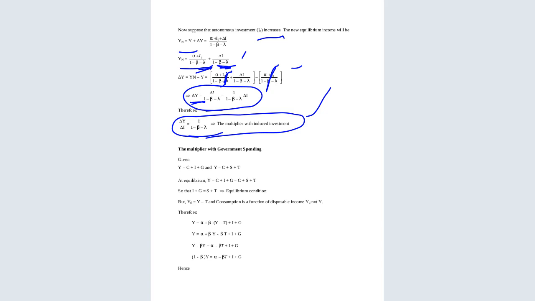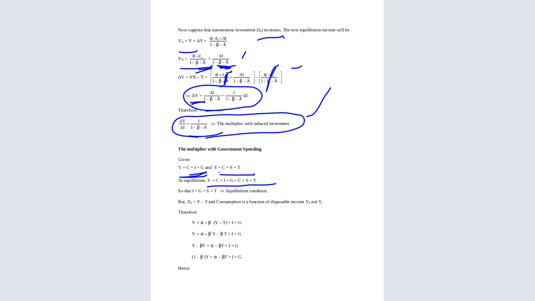Now, if we are given this, the national income from the expenditure approach is given as consumption plus investment plus government expenditure. So this one can be equivalent to consumption plus savings plus taxes. And remember, at equilibrium, these two should be equal.